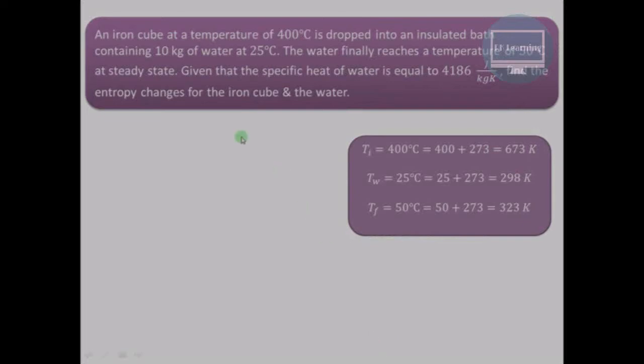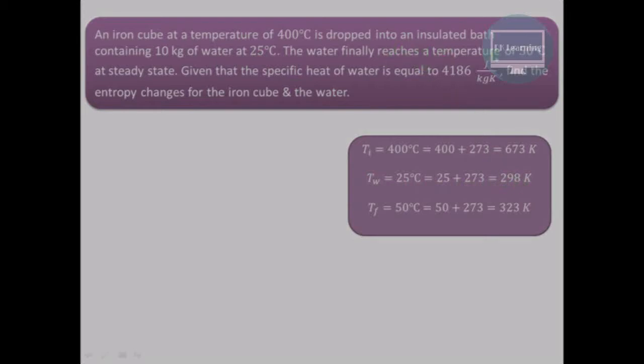Now let us see another example. Suppose we have an iron cube at a temperature of 400 degrees centigrade, and it is dropped into an insulated bath containing 10 kg of water maintained at 25 degrees centigrade. So the temperature of the iron cube is 400 degrees centigrade, converted into Kelvin. The temperature of water is 25 degrees centigrade, converted into Kelvin, so it is 298 Kelvin.